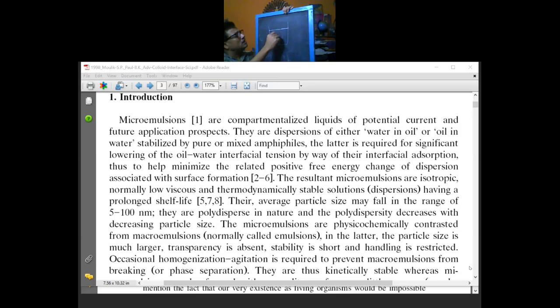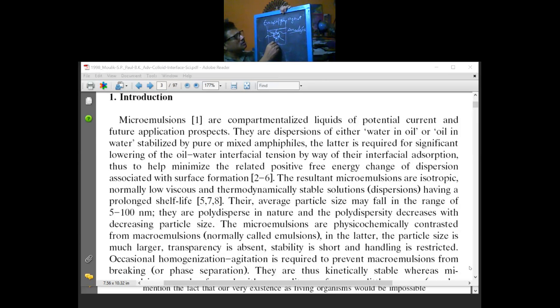Now, if I put enough surfactant so that a reverse micelle is formed, the core of the reverse micelle, because here water will not be dispersed in oil by itself, but if I am using the surfactant, herein called the emulsifying agent, or emulsifier, what would be happening?